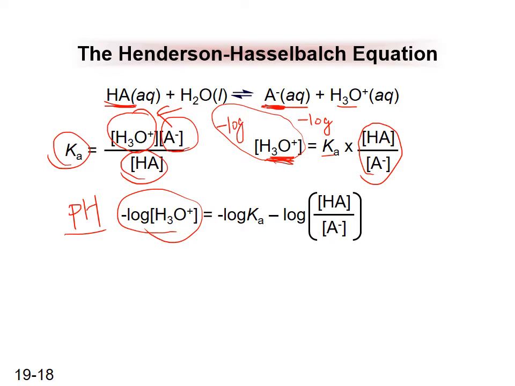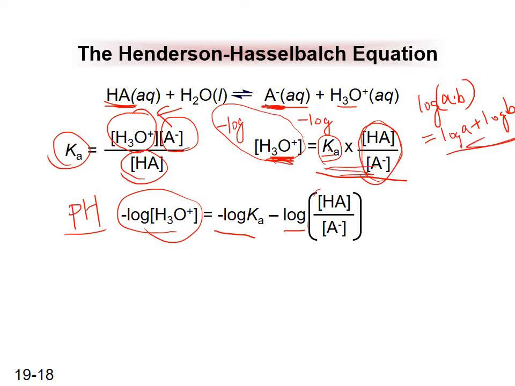The right side is negative log of Ka times the ratio of acid over base. If we have a log of two numbers multiplied, this can be written as log A plus log B. Therefore the right side is negative log Ka minus log of the ratio of acid over base, because we separate this product into the summation of two logs.